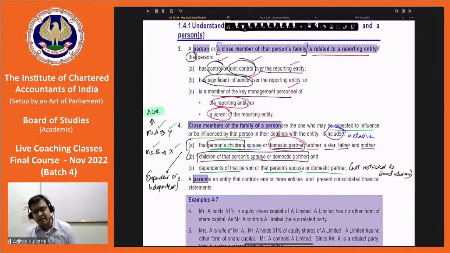But if that legal guardian is dependent on Mr. A, then yes, by virtue of clause 4C, that legal guardian will be a close member of the family, and by virtue of that, they would be related to the reporting entity.